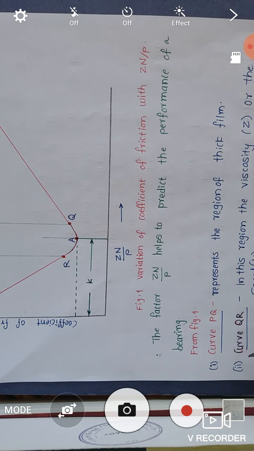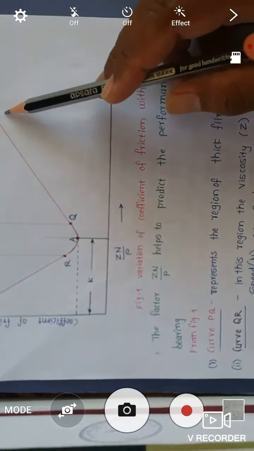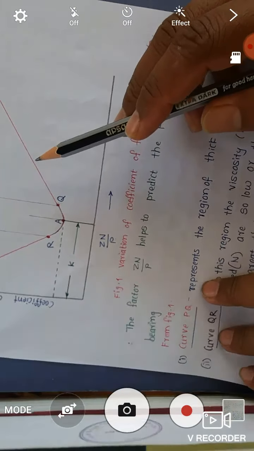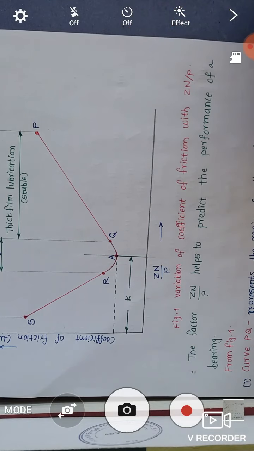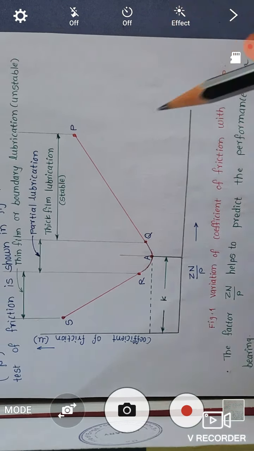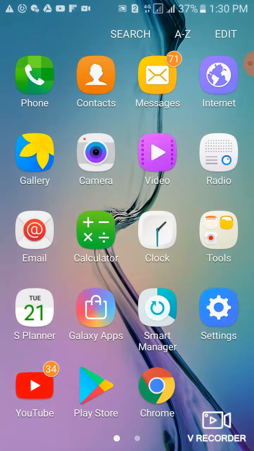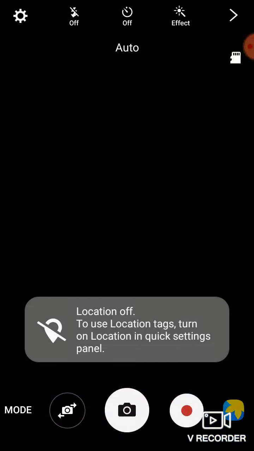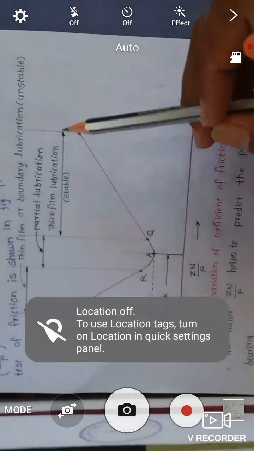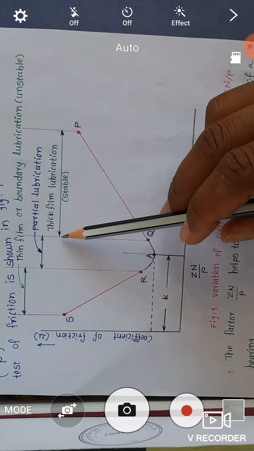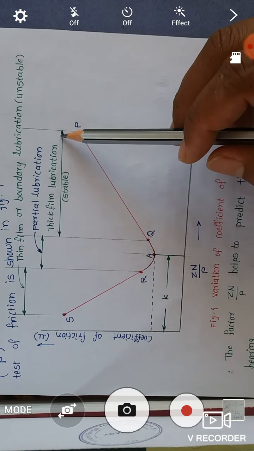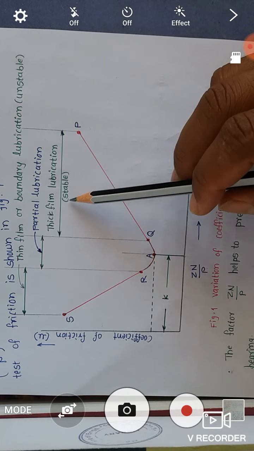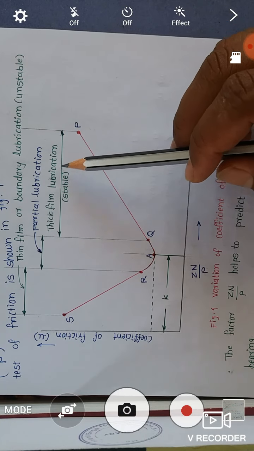The curve PQ represents the region of thick film lubrication, as shown here, over the distance in the x direction from P to Q. This is also called the stable condition.